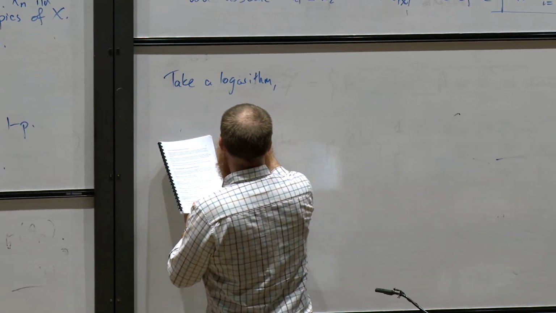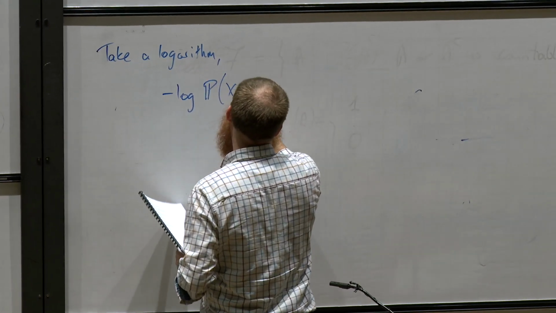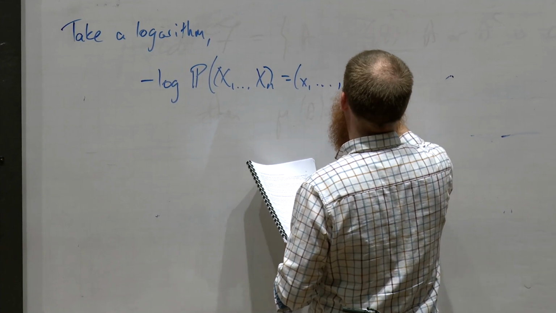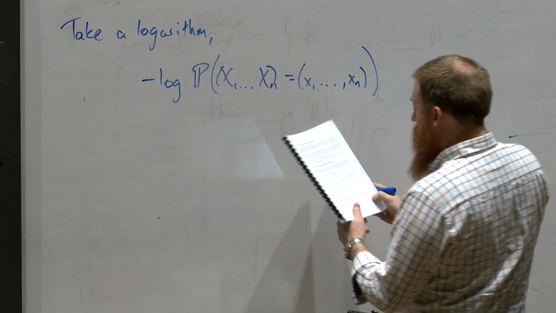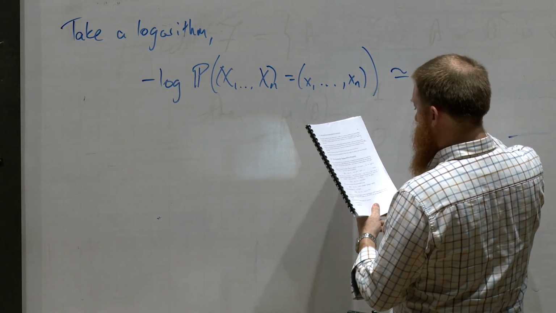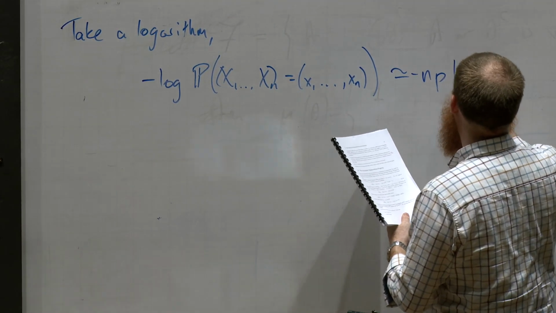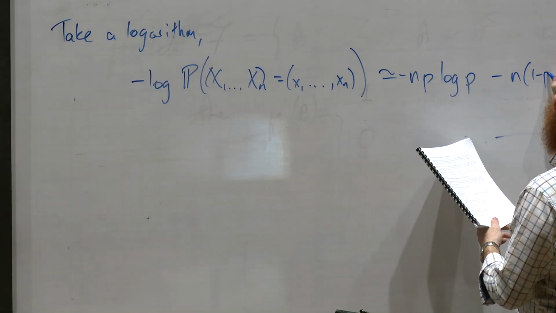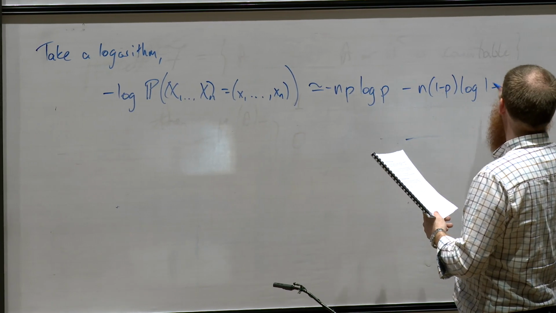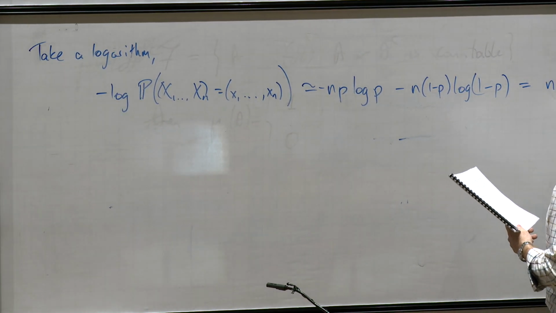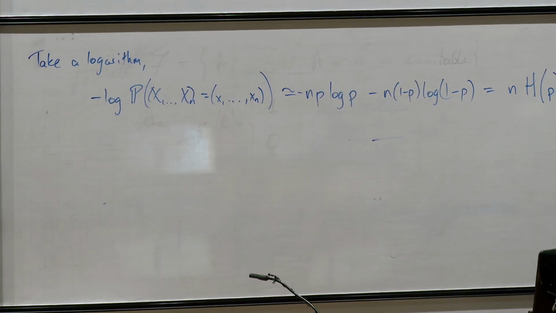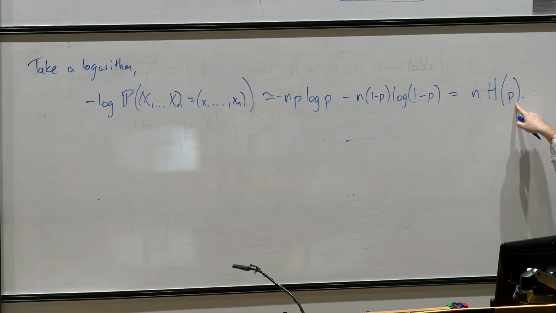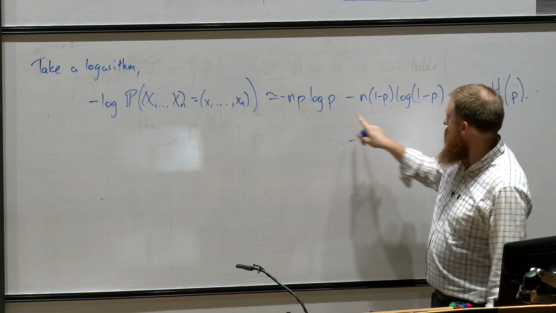Well, I get that minus log of the probability, that is approximately equal to minus np log p minus n(1 minus p) log(1 minus p), which is n times h(p), where h is the version of the entropy we defined where I can put just a number in and it evaluates to this thing without the n's.